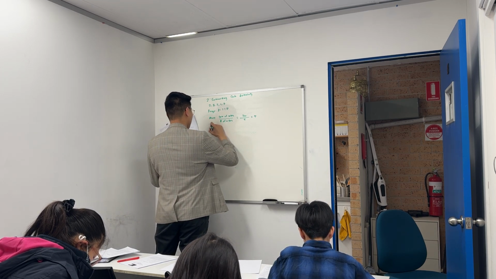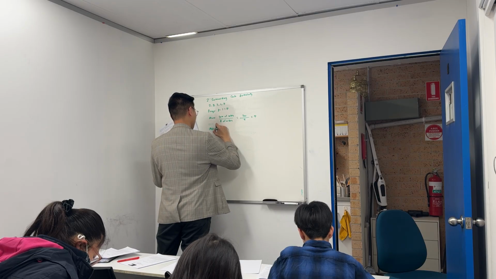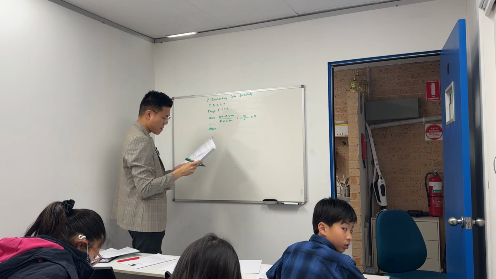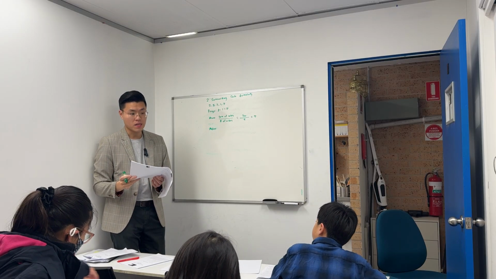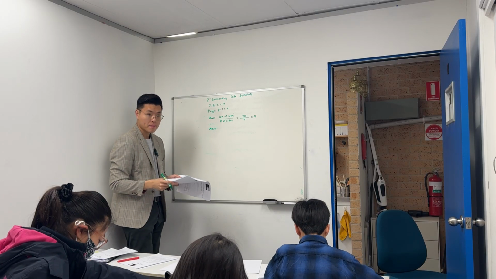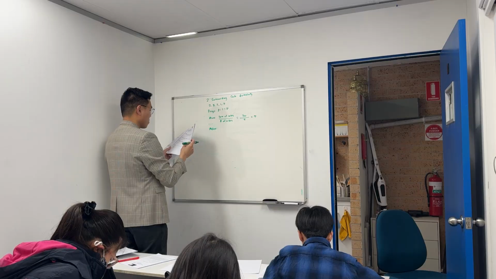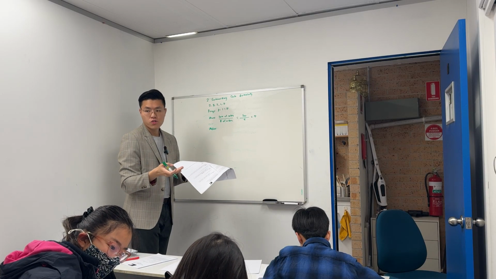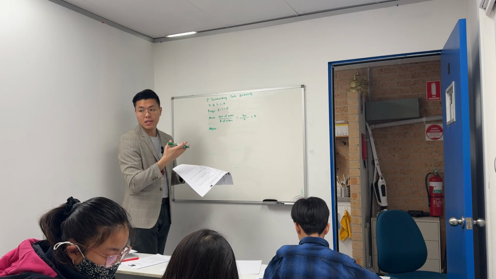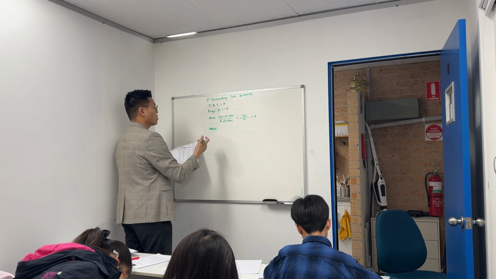Next one is median. Median is the middle value. What do I mean by middle value? First of all, you rearrange your data in ascending order from smallest to largest.